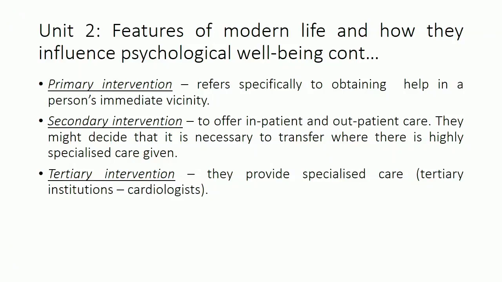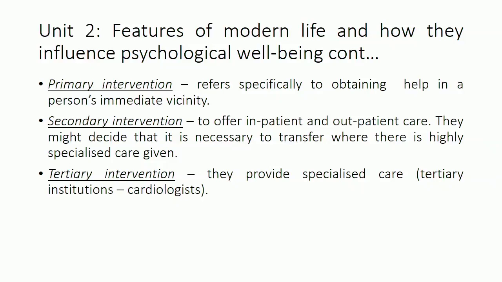That is the intervention. Then we have the primary intervention. This refers to specifically obtaining help in a person's immediate environment or vicinity. And then the secondary intervention is to offer inpatient and outpatient care.